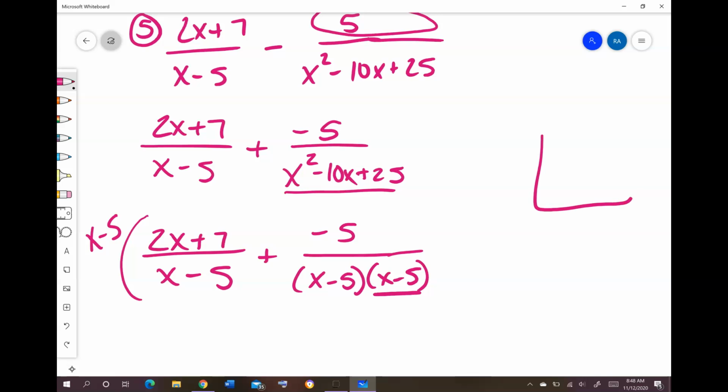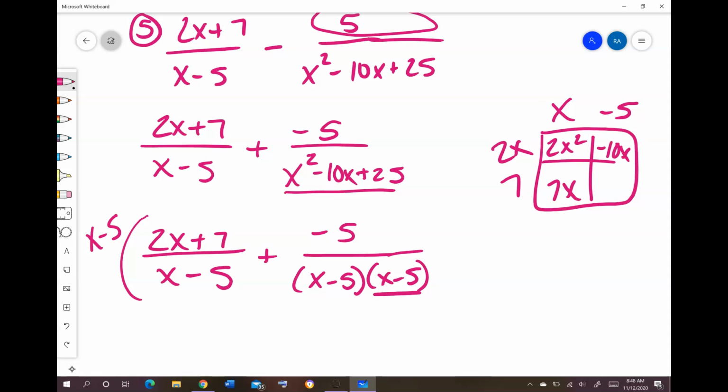So we're going to come here and do the box method. x minus 5, 2x, and 7. So that'll be 2x squared minus 10x, 7x, negative 35. So this is 2x squared minus 3x minus 35. So now I'm going to write that down. 2x squared minus 3x minus 35.